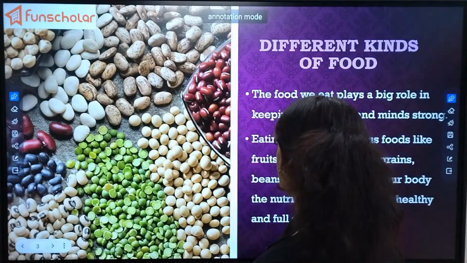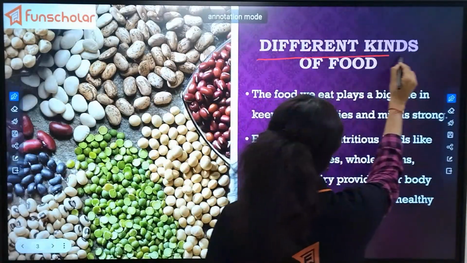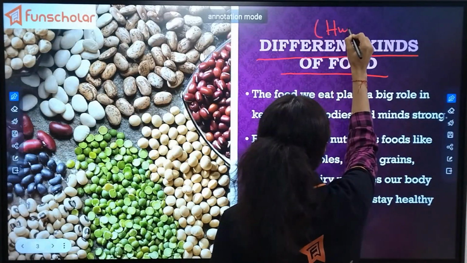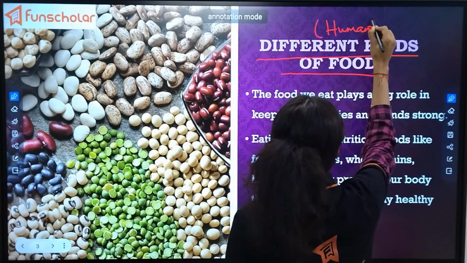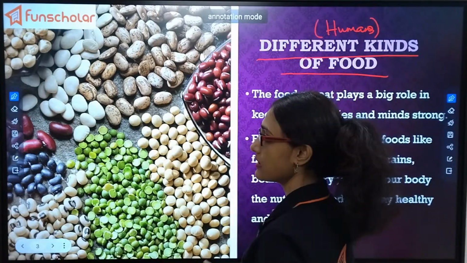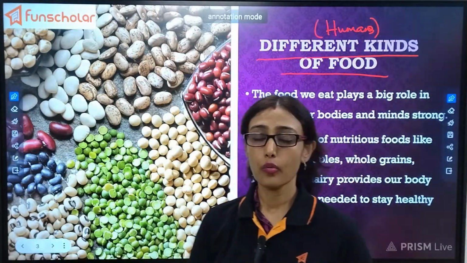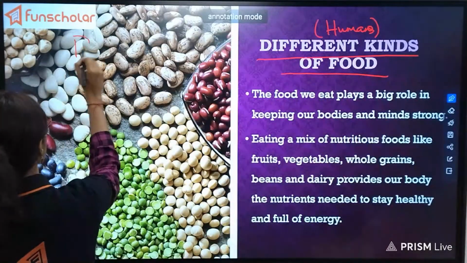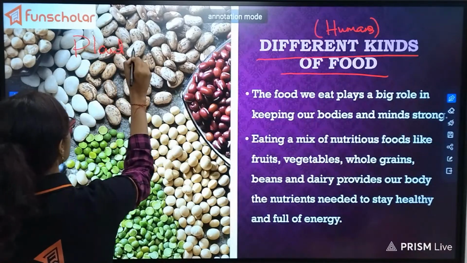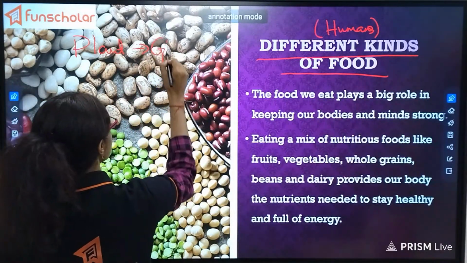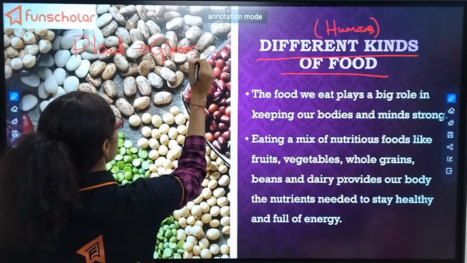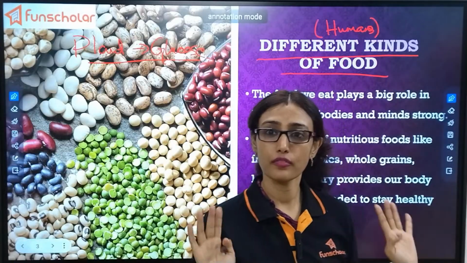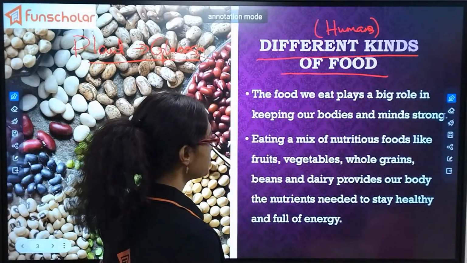So you know that the food of animal or specially of humans are of different types, but the food of plant, what kind of food they eat? They eat only one type of food, that is glucose. But we human beings, we eat various kind of food. So what kind of food do we eat?